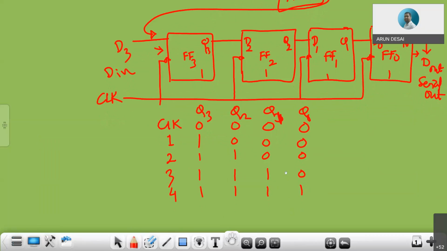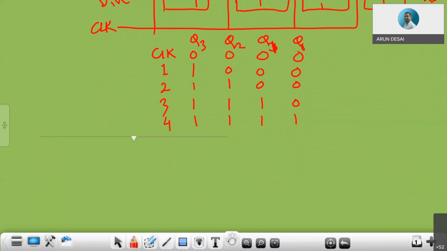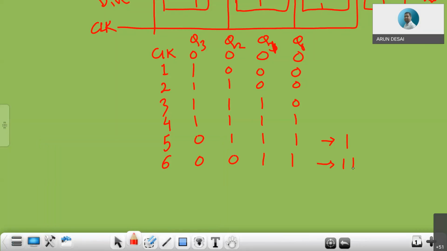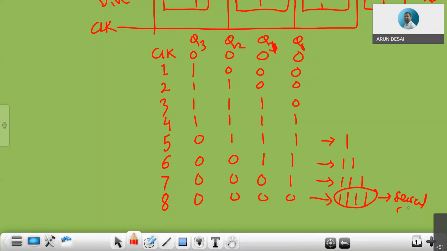Now, what if I want to get all that data out from this output, right? In that case, what will happen? We require the next four clock pulses. In that case, this is zero and one is out from here. At the next clock pulse, two ones are out. At the next clock pulse, three ones are out. And at the fourth clock pulse, all ones are out from the serial output, right?